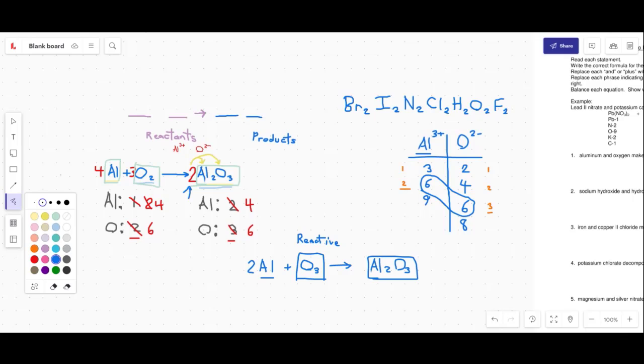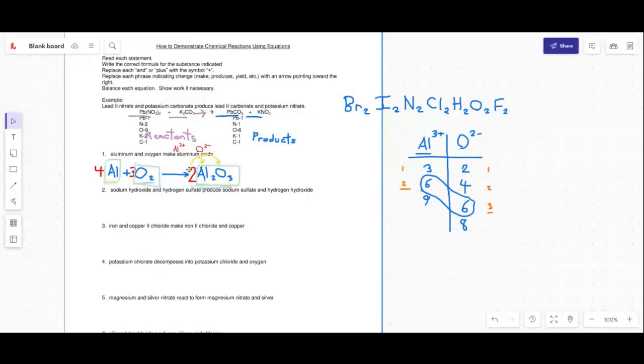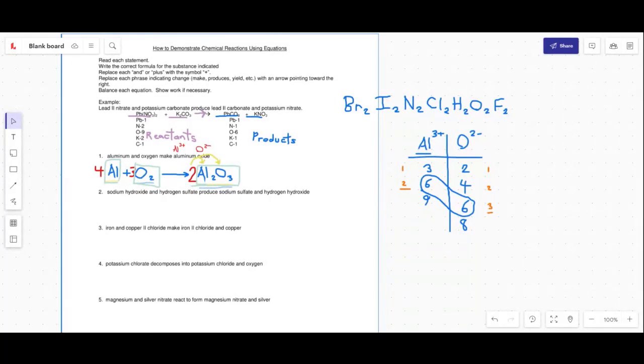Let's go ahead and do another practice question. Let me go ahead and erase this extra stuff. So the next one is kind of a fun one too. Sodium hydroxide and hydrogen sulfate produce sodium sulfate and hydrogen hydroxide.